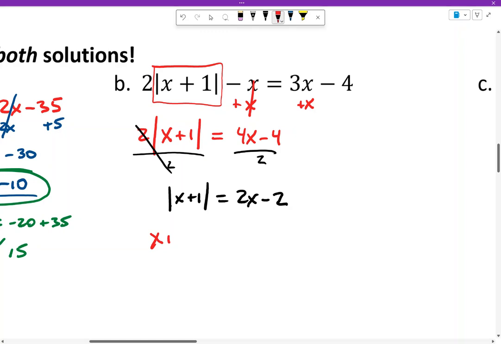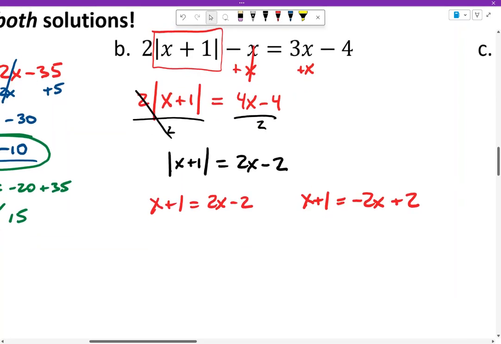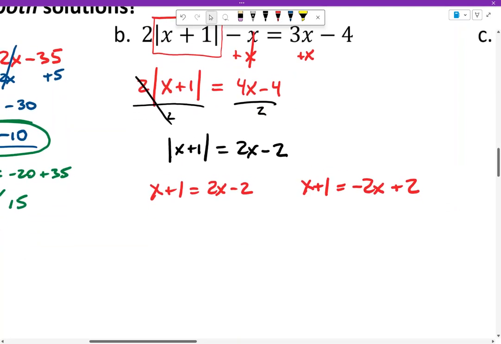So x plus 1 equals 2x minus 2. But x plus 1 also needs to equal negative 2x plus 2. Right? Distribute that negative sign to both. Now let's solve. Here we will subtract 2x and subtract 1.